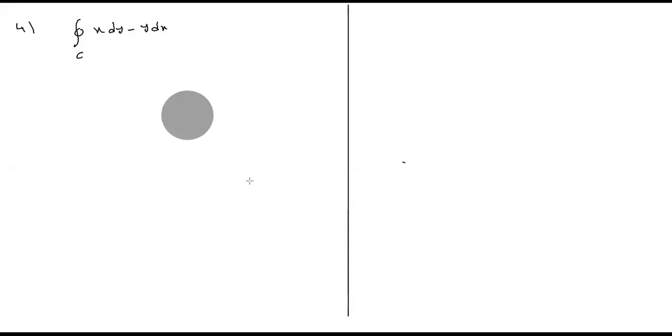Let us try to draw certain part. I don't know whether it is going to be possible. Okay. So this is something like this.